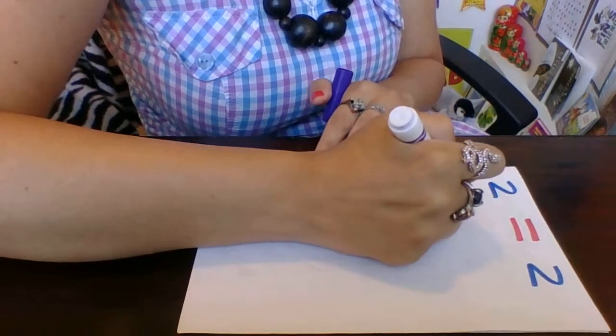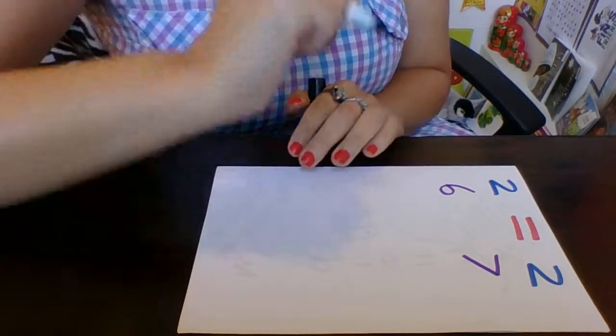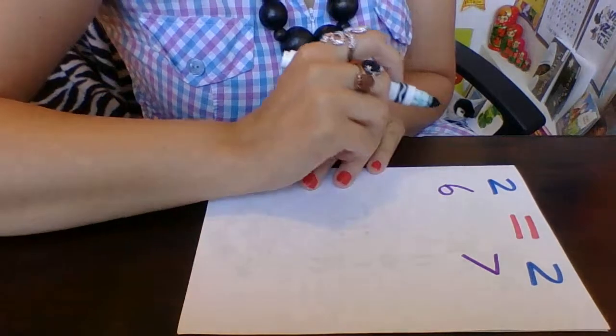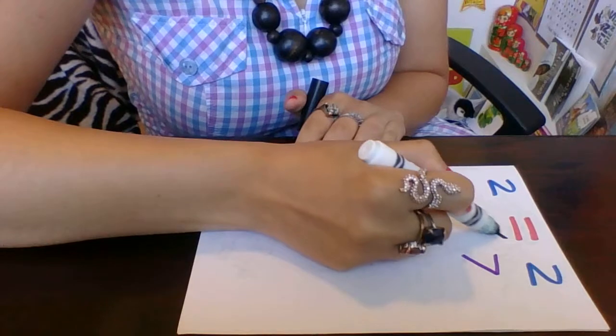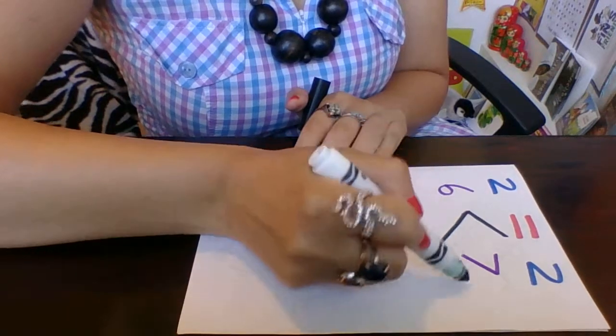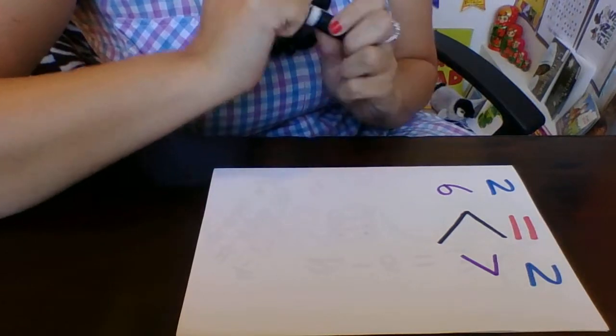If I have the number 6 on this side and the number 7 on this side, my teacher wants to know which one is less than. Well, the alligator mouth needs to eat the bigger number. So 7 is bigger than 6, so it's going to look like that.